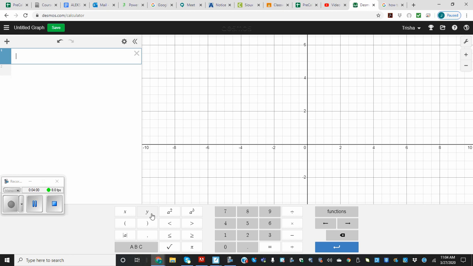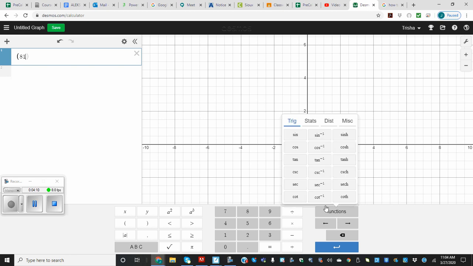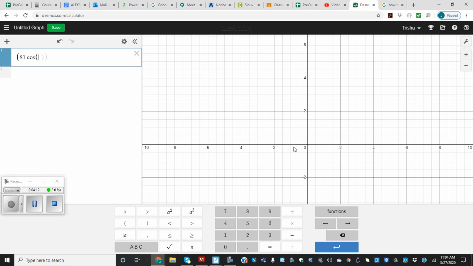It's going to be an ordered pair, so I'm going to start off with parentheses down here. And I'm going to type in my two equations. The x equation was 81. And then cosine, if you hit this functions menu right here, it'll bring up your trig functions, so cosine. And then 21. The t goes after the parentheses, so you have to get the t back here. You're going to notice it brings up an add slider. You don't want to do that. Just hit a comma.